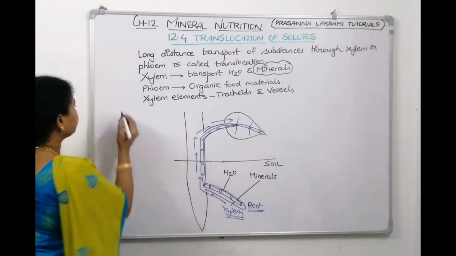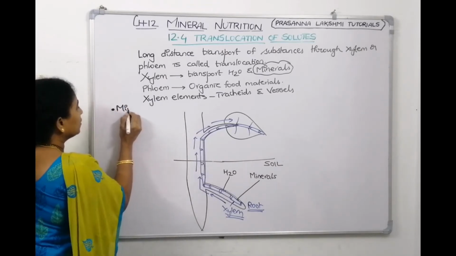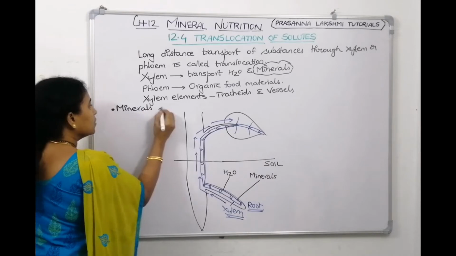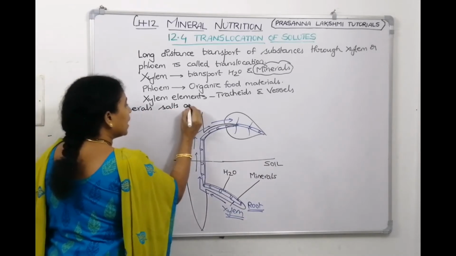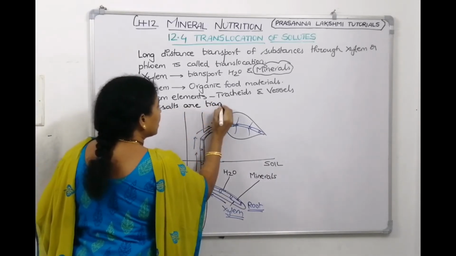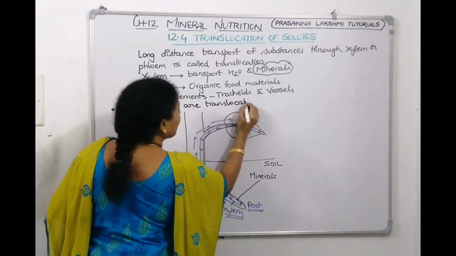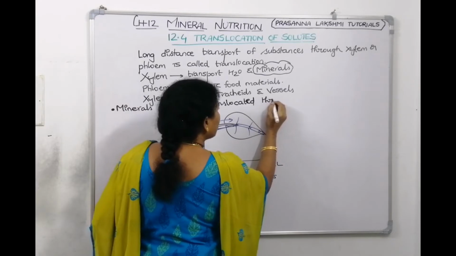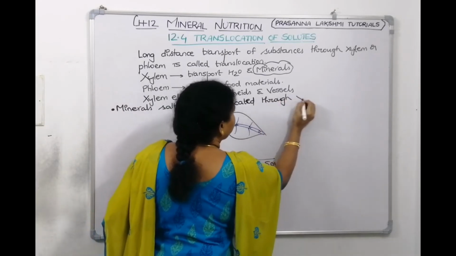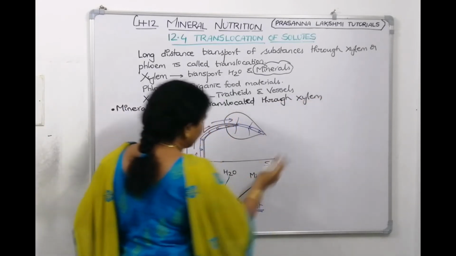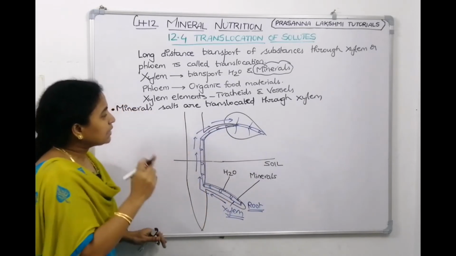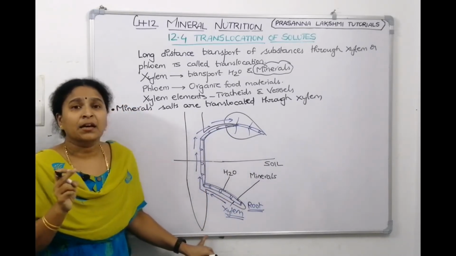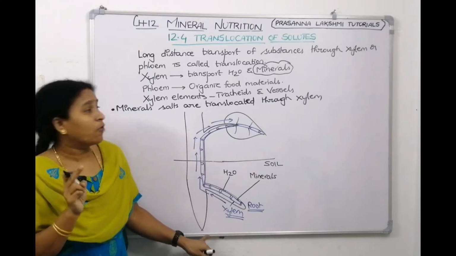Let me write down here. Mineral salts are translocated. Who is translocating? Xylem is translocating. Mineral salts are translocated through xylem. You have seen here in the diagram how the xylem elements are taking the water inside along with the ascending stream of water.